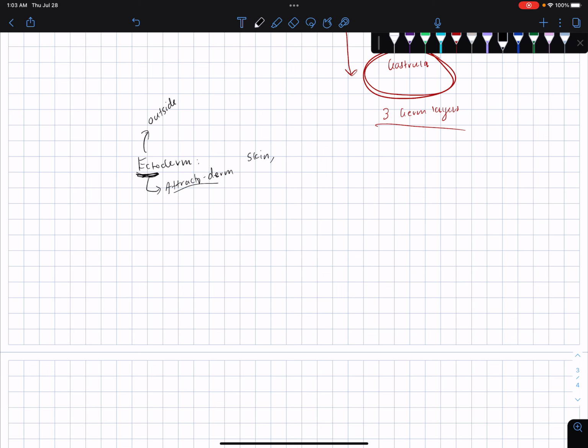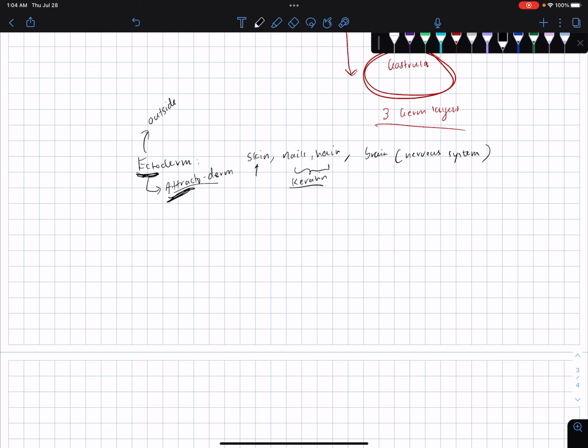So skin, another thing, nails, hair. These things are governed by keratin. Skin, nails, hair, also the brain, so the nervous system. You can try to think of it as, again, attractoderm: skin, hair, nails.